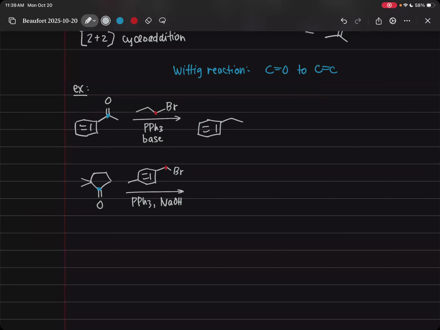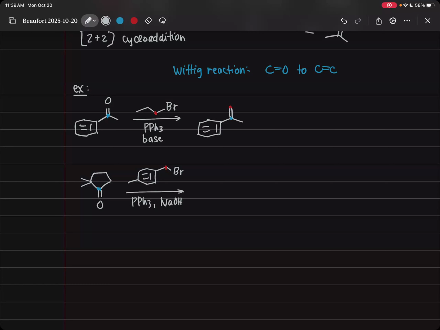Well, we're going from a CO double bond to a CC double bond. So it's the blue carbon. We're going to make a double bond, and the double bond is going to go to whatever carbon the halogen used to be on. So we're going to make a carbon-carbon bond.